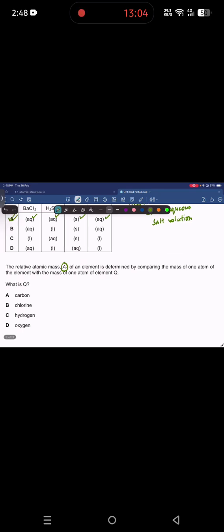Question number 8. The relative atomic mass. Relative atomic mass, that is Ar, of an element is determined by comparing the mass of one atom of the element with the mass of one atom of the element Q. We compare the relative atomic mass of every element with the mass of one atom, and which element do we use for this purpose?